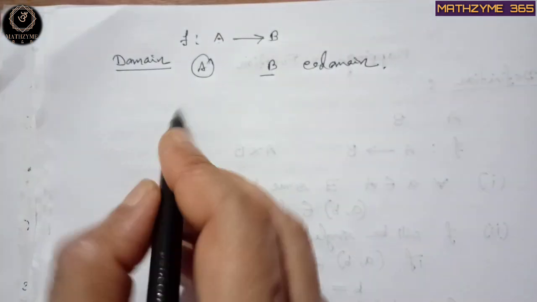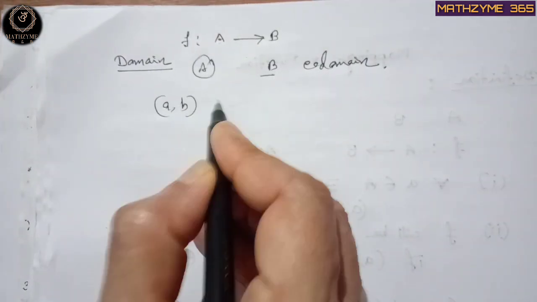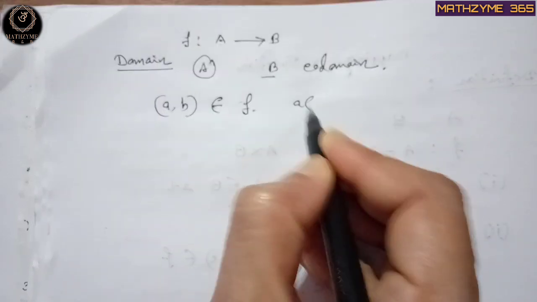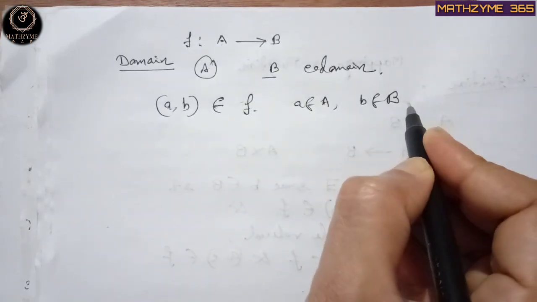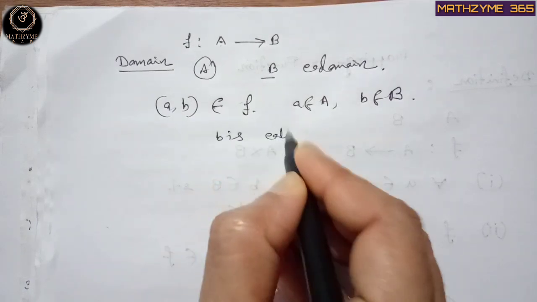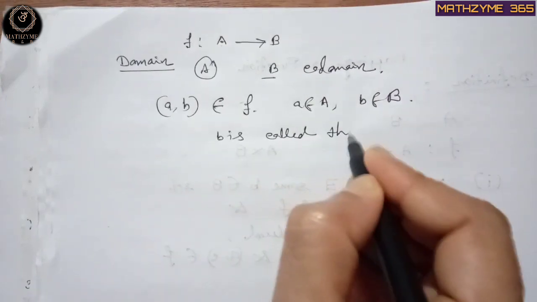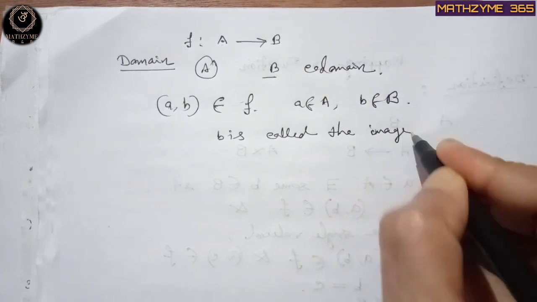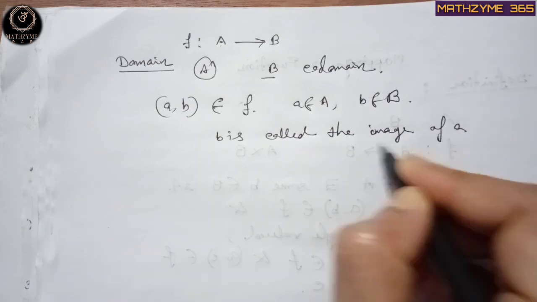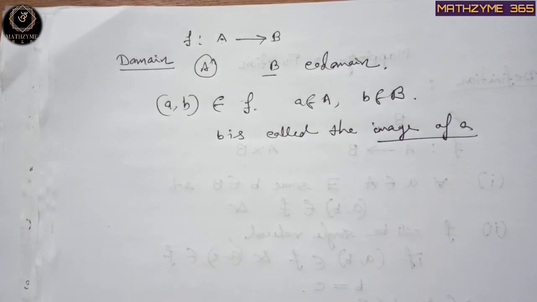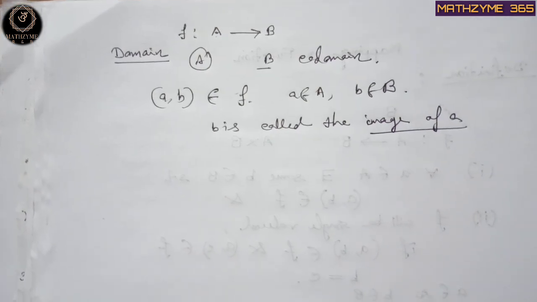Let the ordered pair (a, b) belong to f for some a belongs to A and b belongs to B. Then b is called the image of a under the mapping or function f, or f-image.